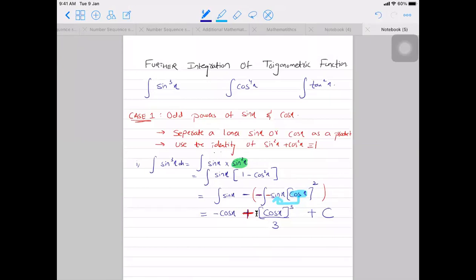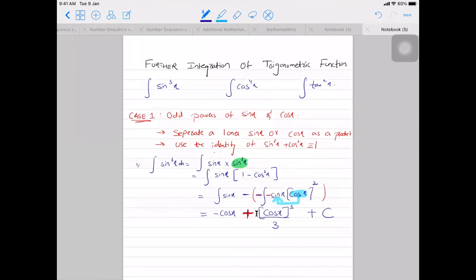So this was a question in which we were asked to integrate sin x or cos x with odd powers. Odd powers means sin cubed x, sin to the power of 5 x, sin to the power of 7 x. But generally we won't get too many such high powers.